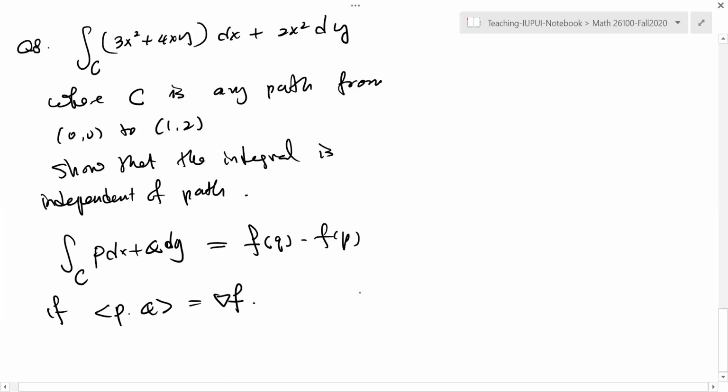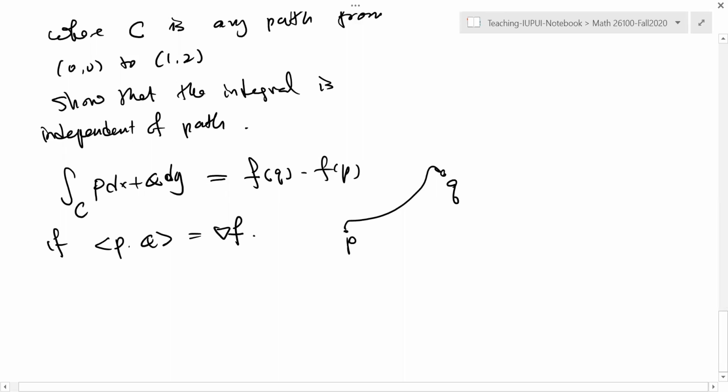Here P and Q are points in the xy plane. So when the vector field is conservative, the line integral is independent of the path from one point to another, as long as those two endpoints are fixed.